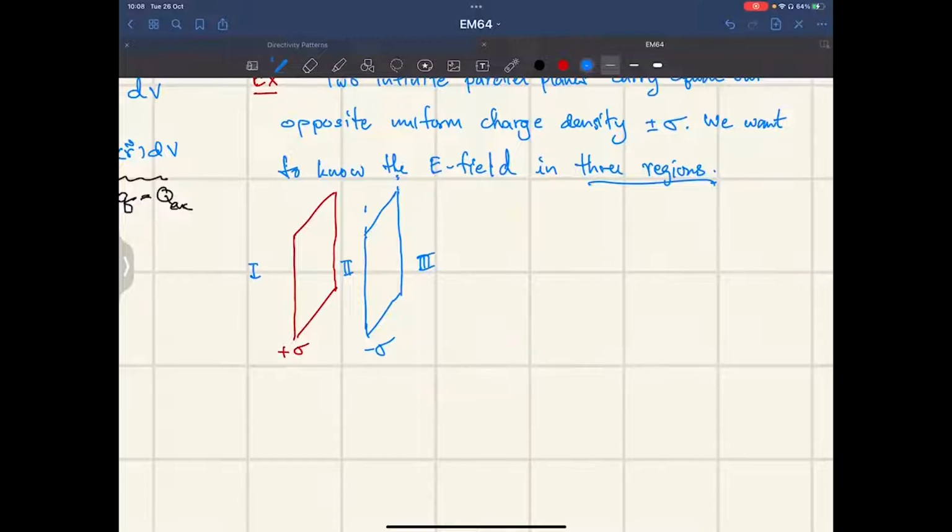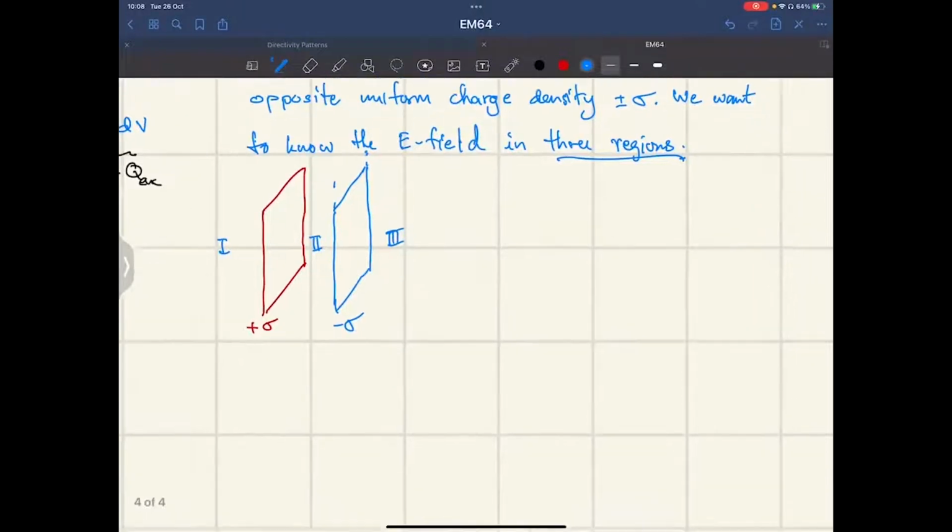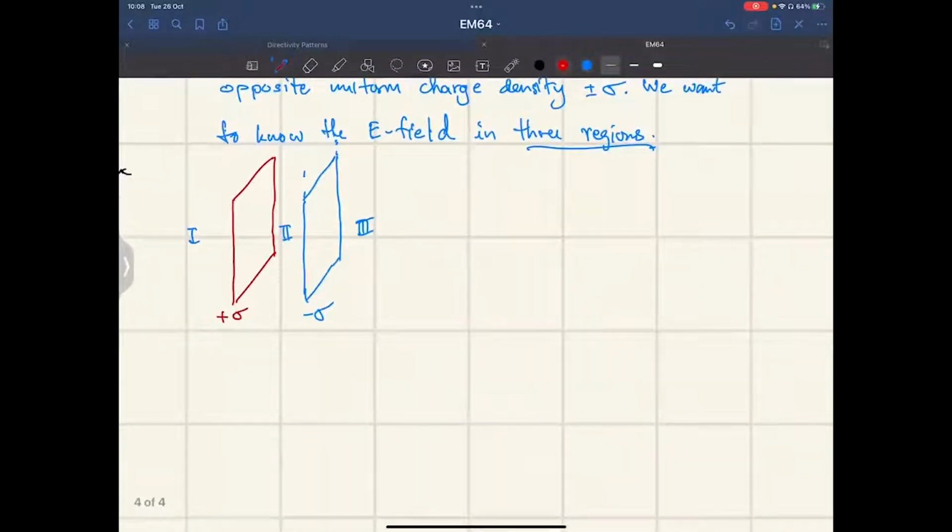So how are we going to do this? First, let's consider only one plate. Let's consider only the red one. The red one has the positive charge here, so the electric field from the red one is going this way, going both sides.